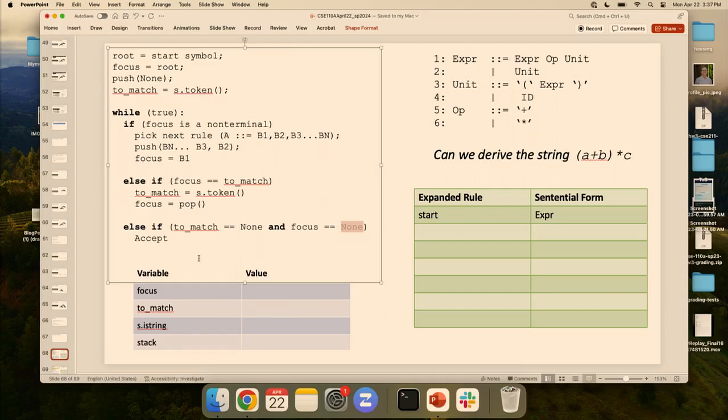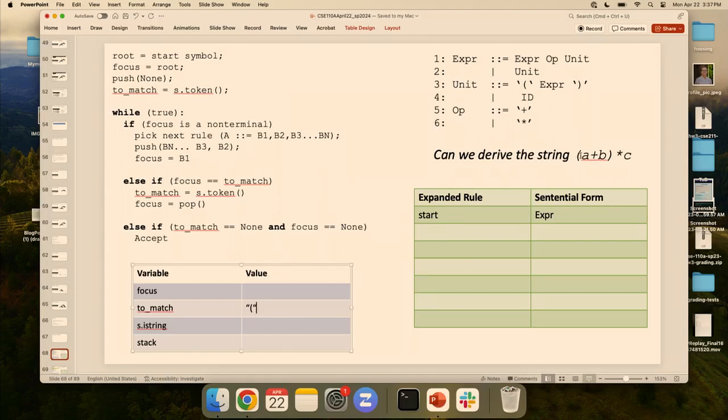I know this is a lot to drink in, but let's walk through it with this string, a plus b times c. When we initialize this, to match, we're going to get our first token. Our first token is going to be an open parenthesis, so we're going to assume that we have a token for that.